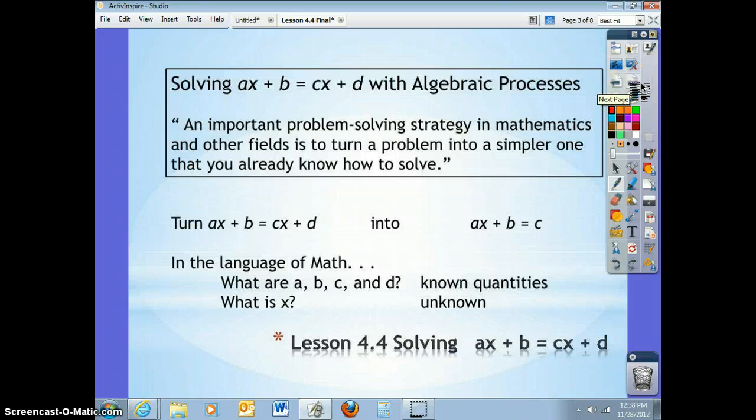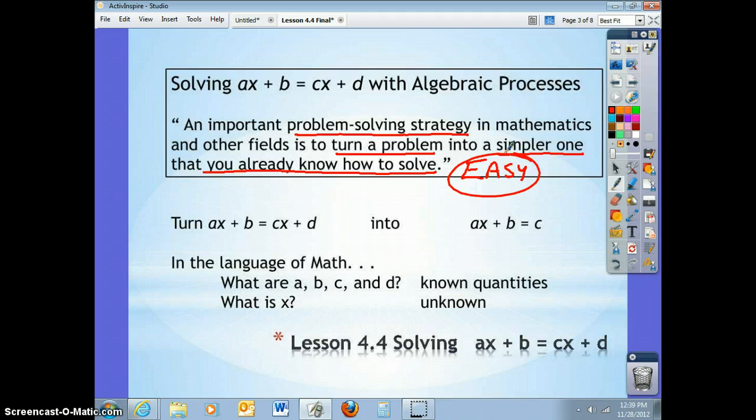Okay, so 4.4 starts with this idea, and I took this right out of the book, that an important problem-solving strategy in math and in other fields is to take a problem and turn it into a simpler one that you already know how to solve. And that's typically what I'm showing you when I talk about the easy button.